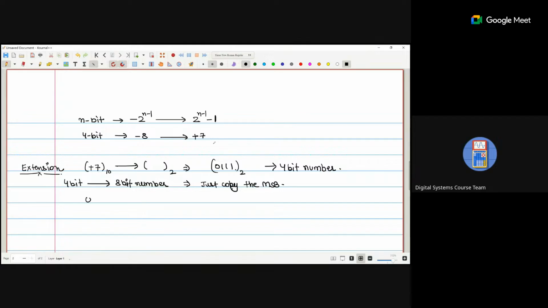So 0111 in 4 bit I can write as 0000 0111, because we have to convert this number into 8 bit, so I just add 4 bits. Just copy this MSB. MSB is 0, so I take 4 zeros, then 0111.